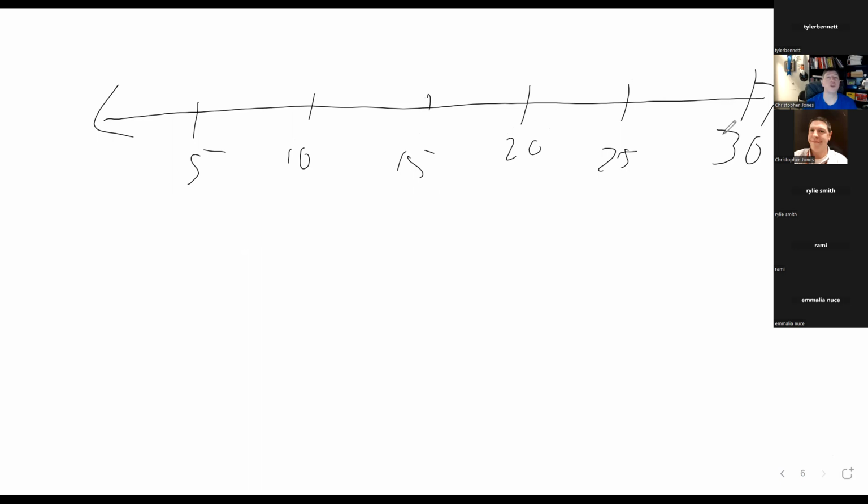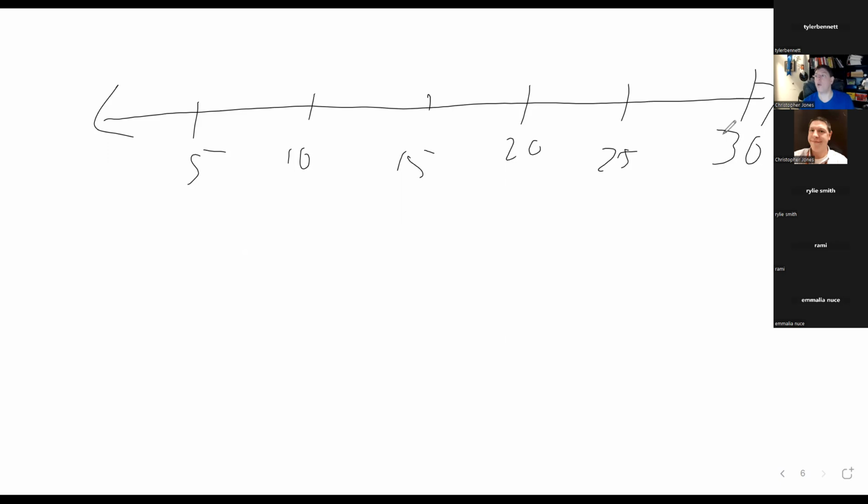Just be wary that the wider you make your intervals, the less precise your line is going to be. You want to be in the middle, where it's not so taxing that it takes you 20 minutes to do this, but at the same time people know the difference between a 5 and a 9.